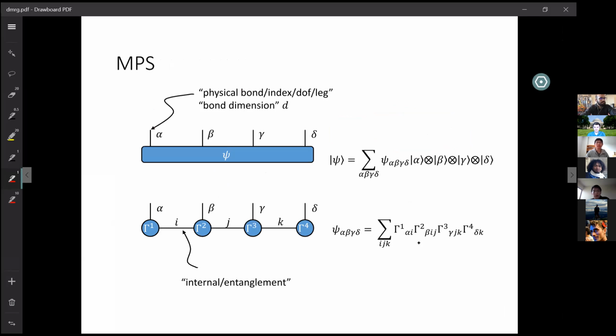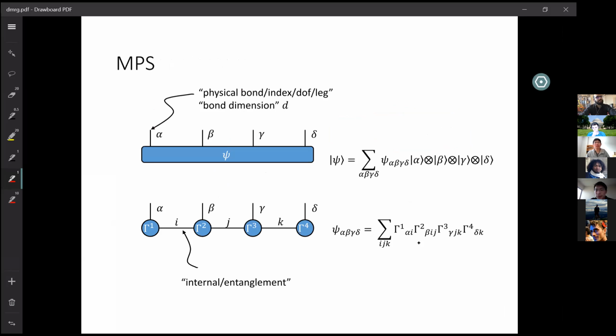Okay, so now we want to use the tensor diagram to describe the wave function. As an example, we show a wave function for a four-site system. The reason we choose four sites is because we want to make a connection to DMRG, where we have four parts of the system.